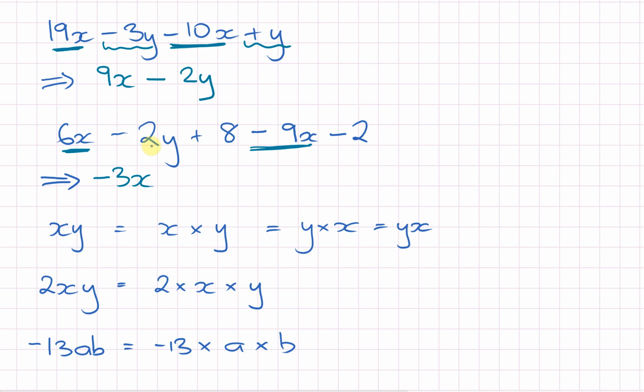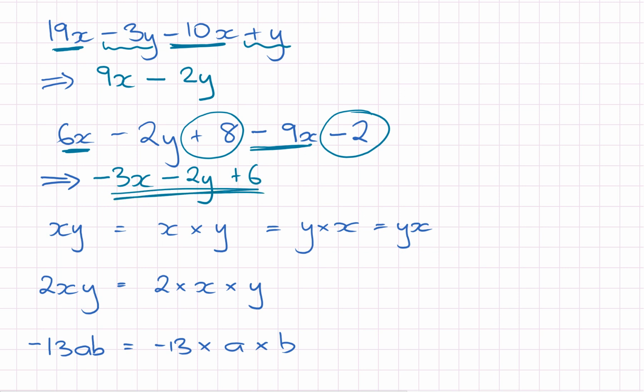Then I've got minus 2y, there aren't any more y terms in that expression, so I'm just going to rewrite that, minus 2y. Then I've got plus 8 minus 2. So plus 8 minus 2 gives me plus 6. So that's the final expression simplified.